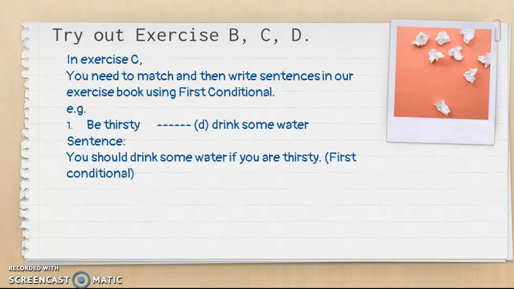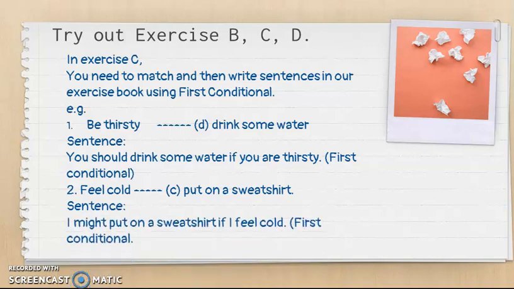Okay, let's take a look at the second example. When you feel cold, you do what? Put on a sweatshirt. So how do you make a sentence? I might put on a sweatshirt if I feel cold. So this is a general truth. If you feel cold, you would want to put on a sweatshirt.